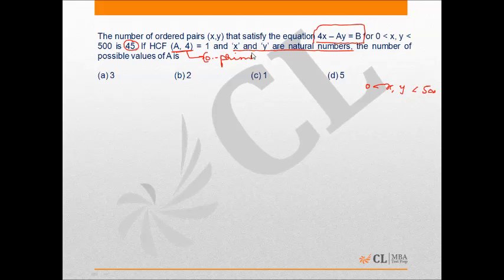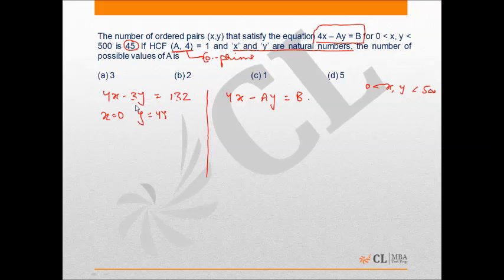Let's try this. If I write an equation 4x minus ay is b. Before I move on to this, let us do a simple concept revision. Say there is an equation 4x minus 3y is 132. I can clearly understand that if x is 0, y is 44.